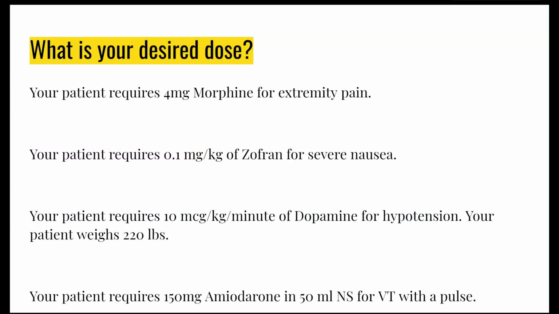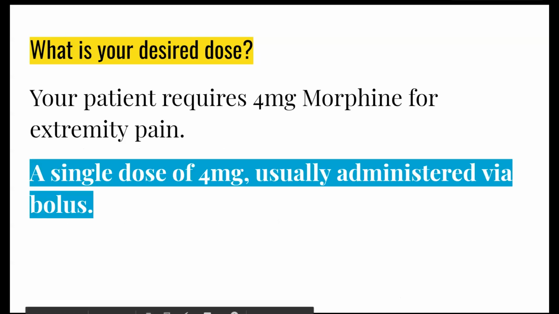If your patient requires 4 milligrams of morphine for extremity pain, if they require 0.1 mg per kg of Zofran, dopamine is mics per kg per minute, okay? And it's a weight-based drug, so you need to also know how much your patient weighs. If your patient needs amiodarone and you're giving it to them for VTAC with a pulse and 50 milliliters of normal saline, right? So these are some things that you're going to need to think about, and this is where knowing your protocols is important.